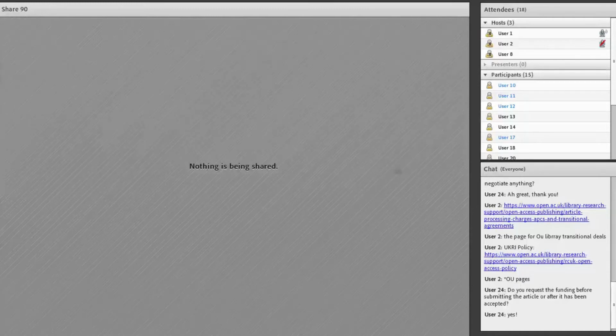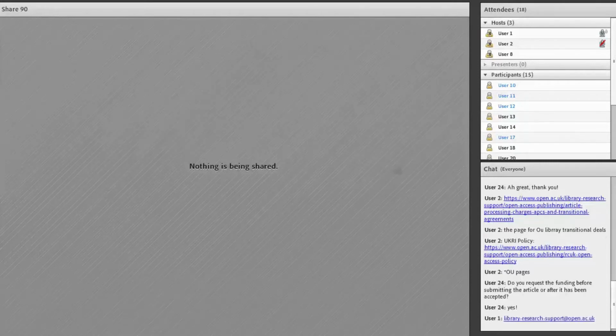I think going forward we just need to be a little bit more cautious and do some thorough checking that we perhaps didn't have to do before. So if you have any queries at all about the UKRI funding, please get in touch with us. You can email us. I'll put the email address in the chat for everybody, and we'll help you out through the process.